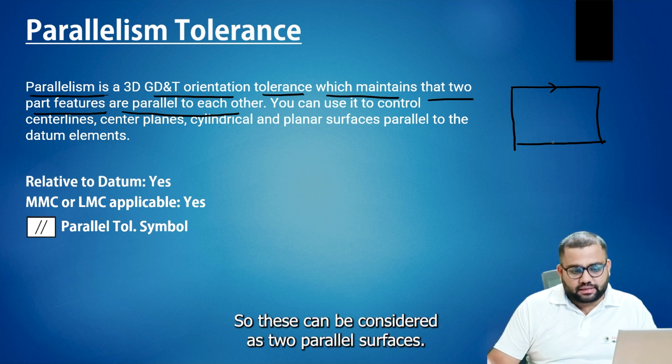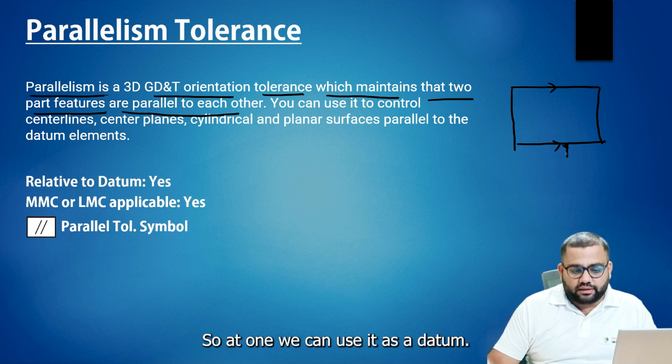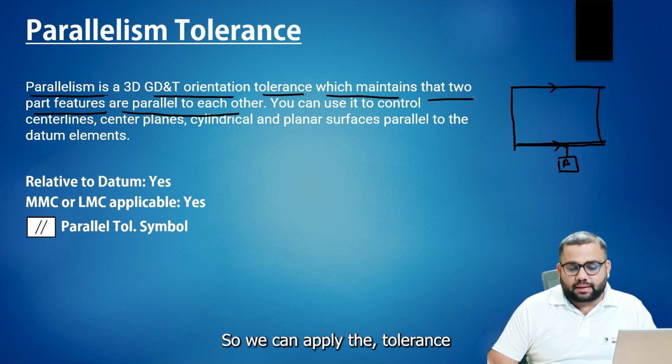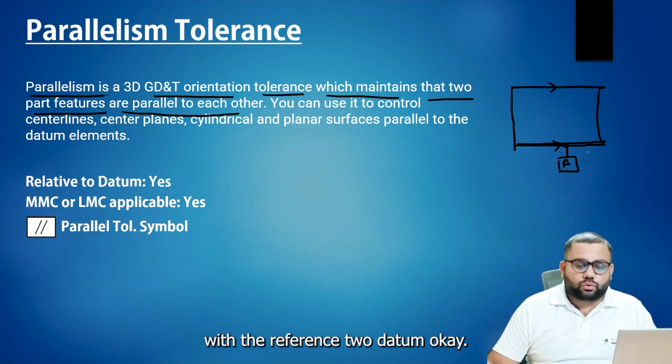One we can take as a datum, and with reference to datum A, we can check the parallelism of the other surface. So we can apply the parallelism tolerance with reference to datum A.